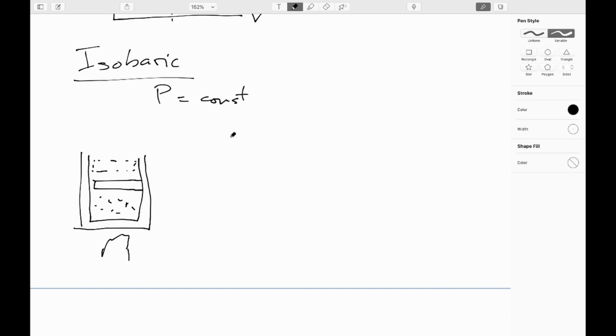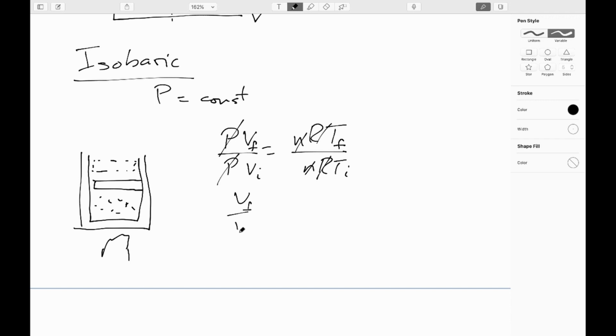So again, we can scale the ideal gas law for this. PV equals nRT. And we'll put subscripts on the things that change. In this case, it'll be the volume and the temperature. And then we'll divide by the initial condition, cancel common factors. And what we get is the ratio of the volumes goes as the ratio of the temperatures.